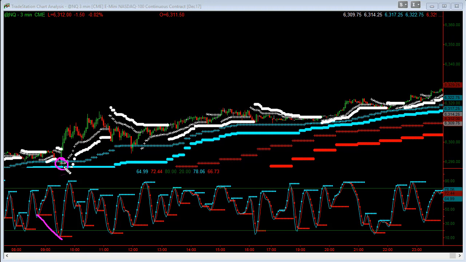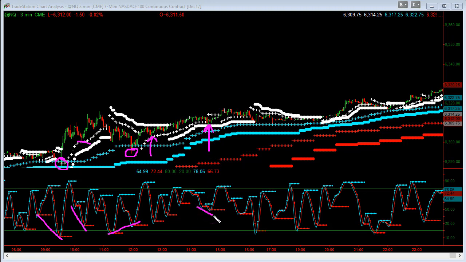Instead, I would have waited either for this entry, which had hidden divergence, or this entry here, which had regular trend divergence. After all of the time frames align, you can go in at the white ATR, which would have been here if you missed the previous one, or you could have waited until price came back here.